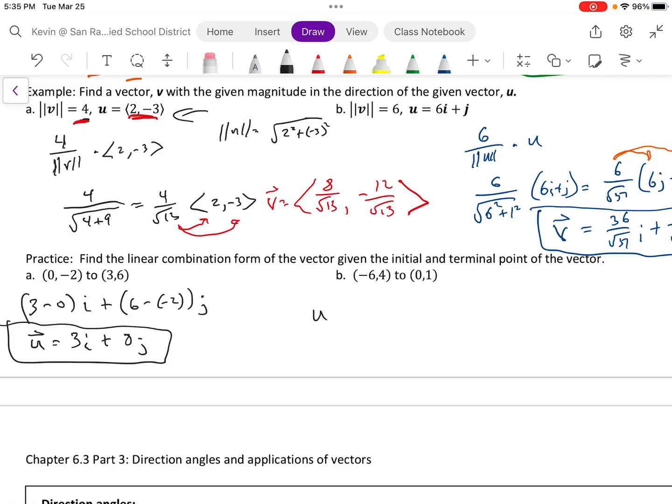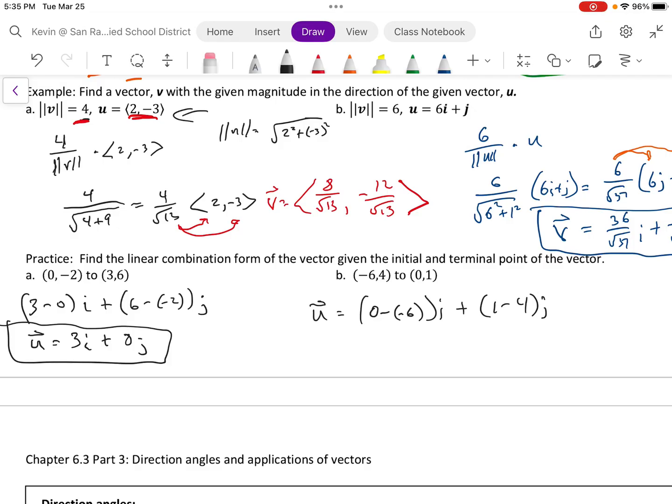And same thing over here, just call this vector u equals 0 minus a negative 6 i. I keep doing this just so you understand that we're doing subtraction here. Hopefully that's not confusing people.